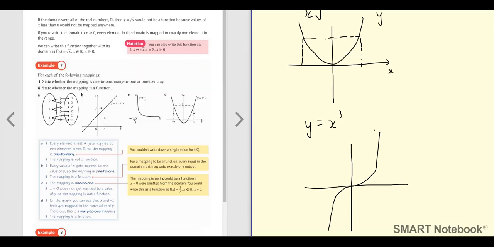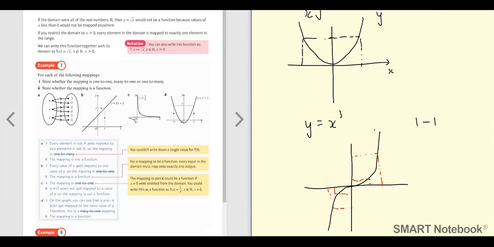If I draw a line across at any point, I've got a one-to-one function. At any given y value, there is only one x value. So be careful, x cubed is actually a one-to-one.